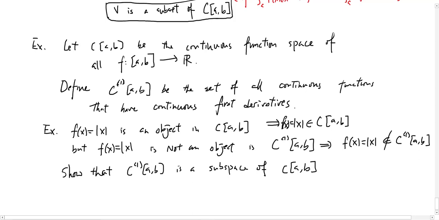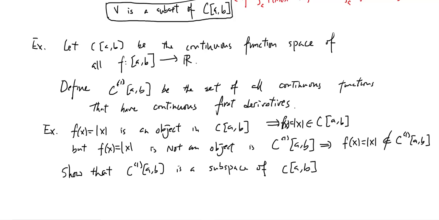Now, once again, every property that makes continuous functions a vector space is automatically satisfied in the first continuous derivative space. Okay? Why? Well, because if you have a function that has a continuous first derivative, it must be continuous itself.